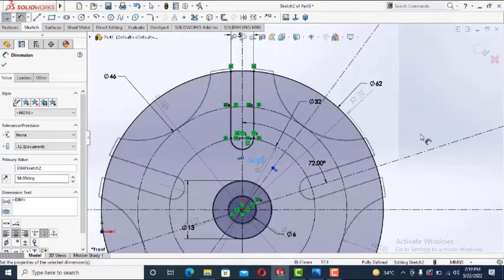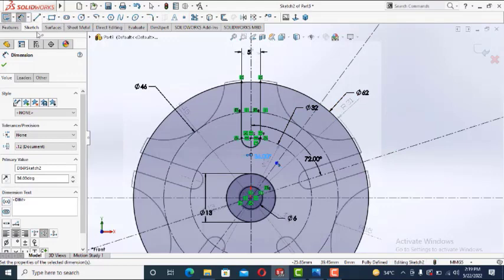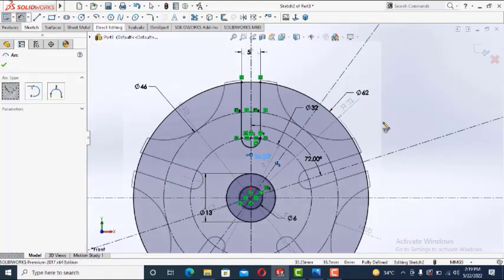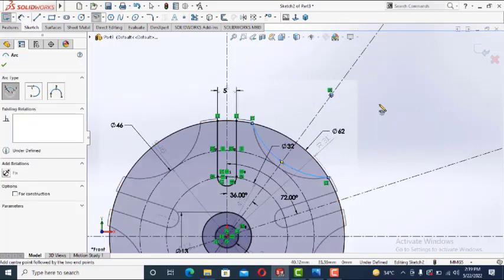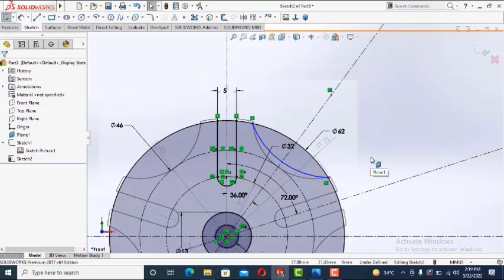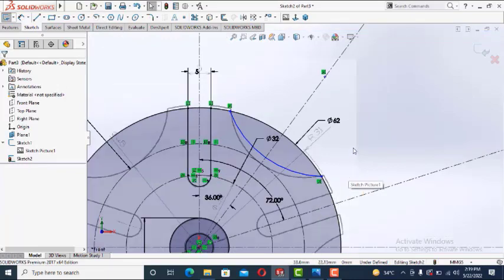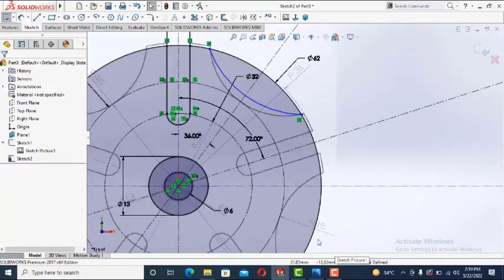Okay, so let's draw the arc. The center point arc. The center of this arc will be on this line. So let's select a point anywhere on this line. Select this and this. The radius of this arc is 16.